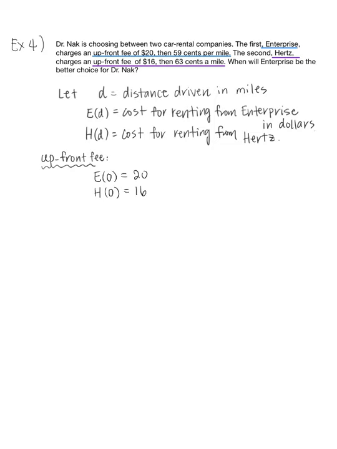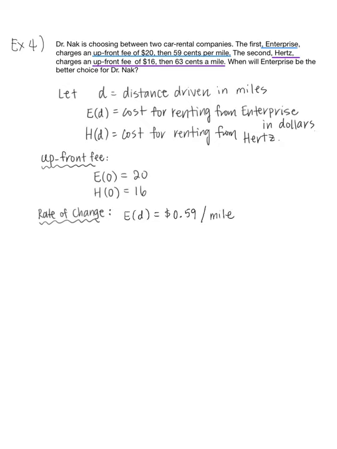Now let's talk about the 59 cents per mile and 63 cents a mile. Those are nothing but rates of change, isn't it? So the rate of change for E of D is, in terms of dollars, 59 cents per mile.